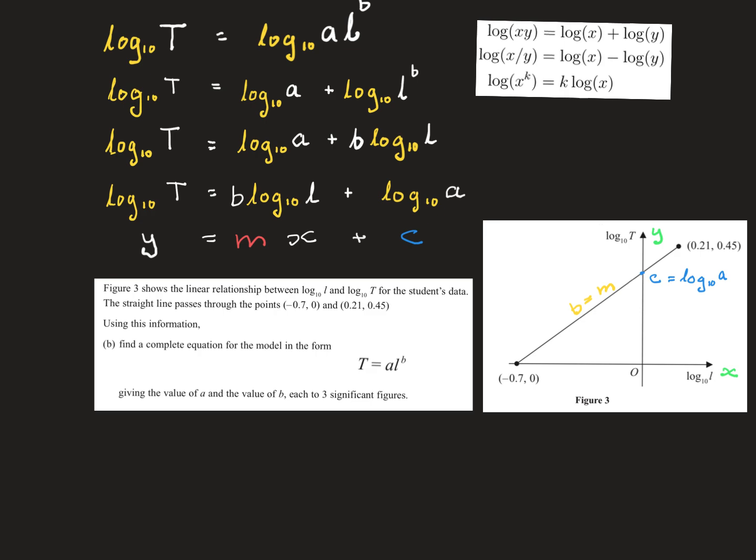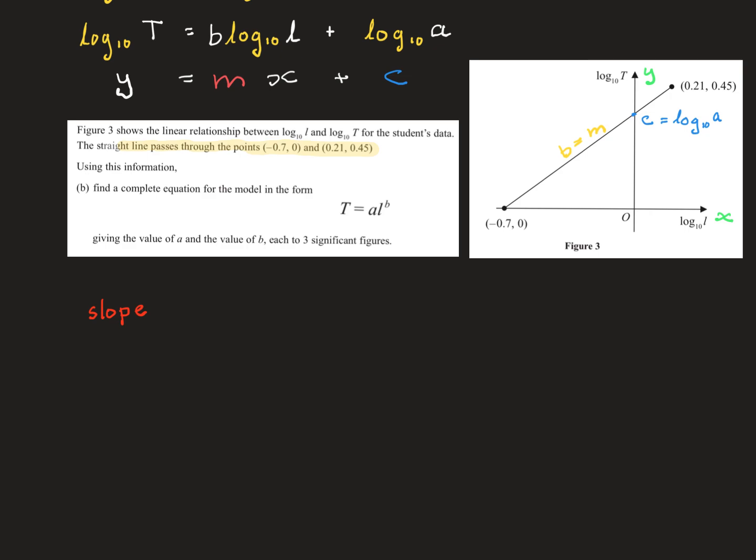And we need to use the information that the straight line passes through these points, and therefore we can complete that equation, but we need to then change it to t is equal to a L to the b. We can find the slope m, which is going to be y2 minus y1 over x2 minus x1, and we can make x2 0.21 and y2 0.45.